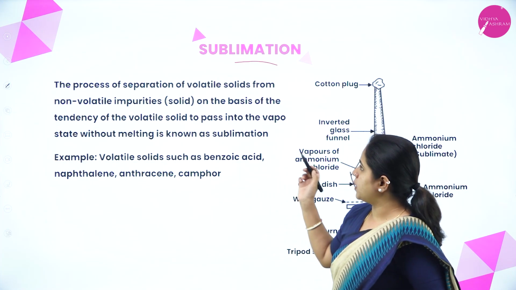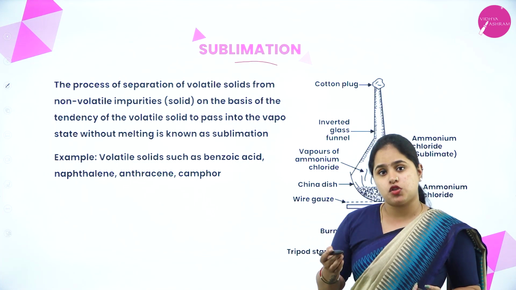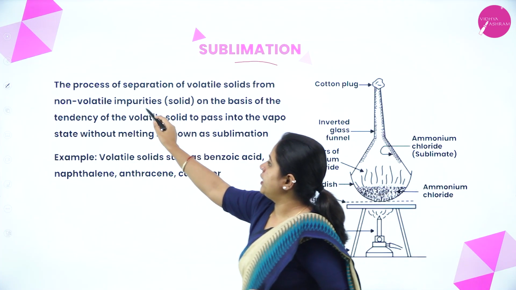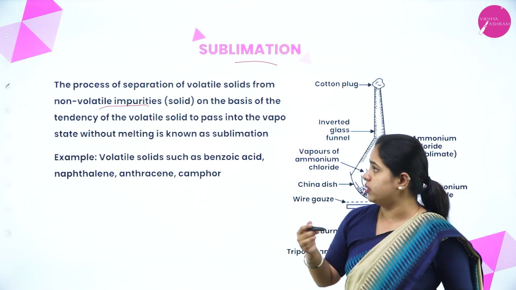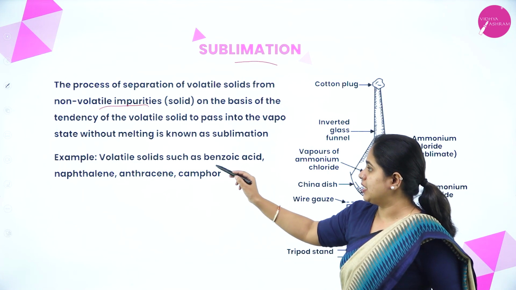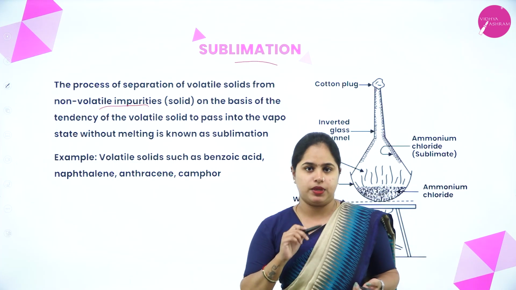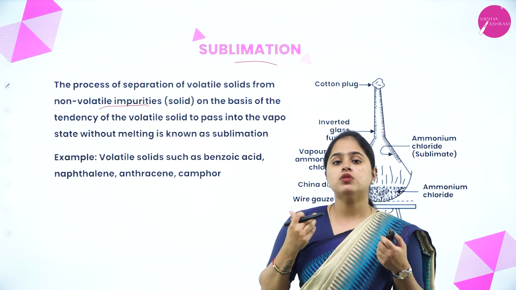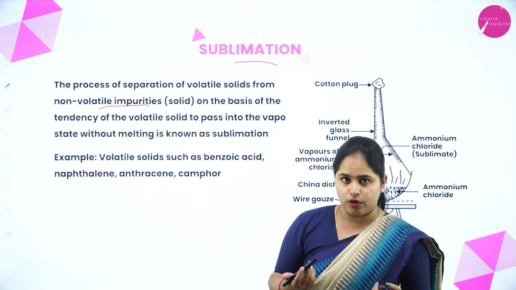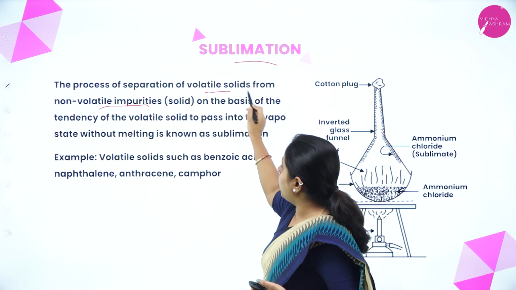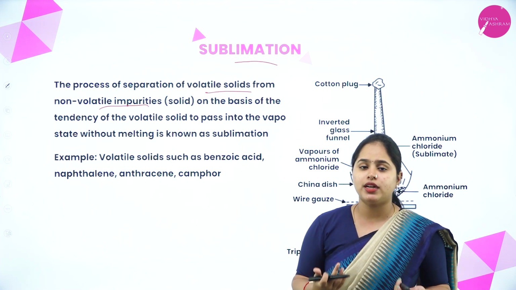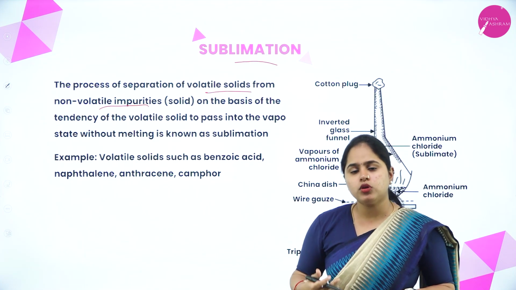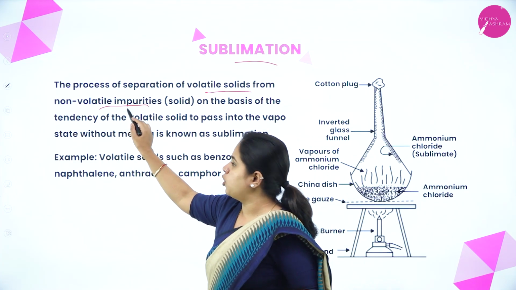The process of separation of volatile solids from non-volatile impurities, on the basis of the tendency of the volatile solid to pass into the vapor state without melting, is known as sublimation. We use it when our substance is a volatile solid and the impurities present are non-volatile.